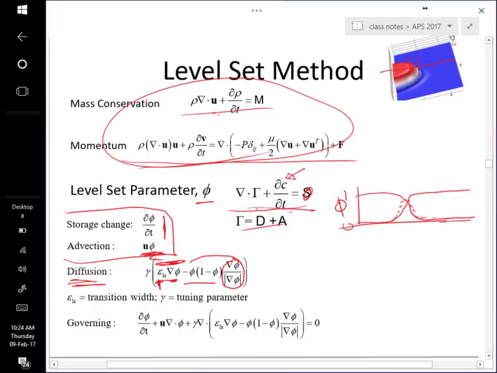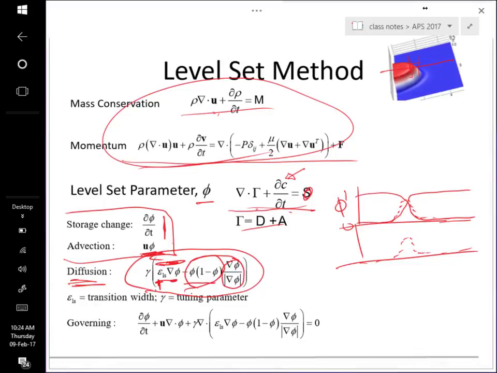So by using this term, we end up with something that really only has value right here along the interface.